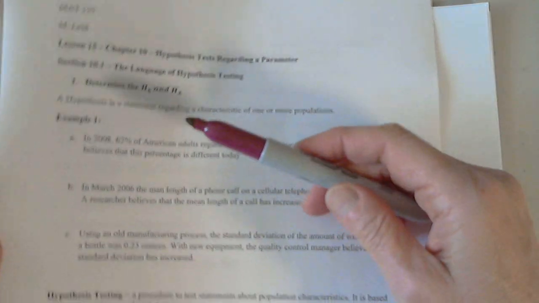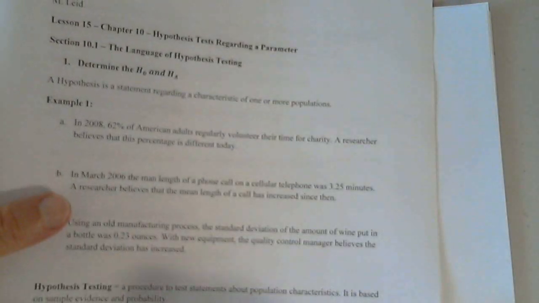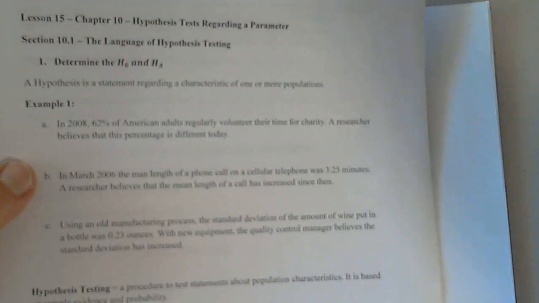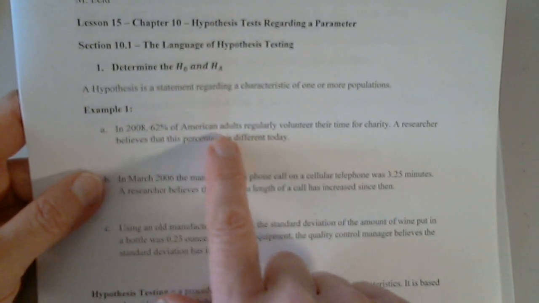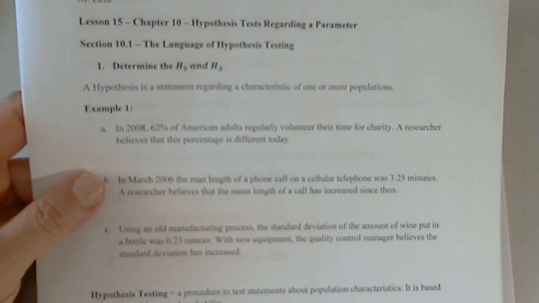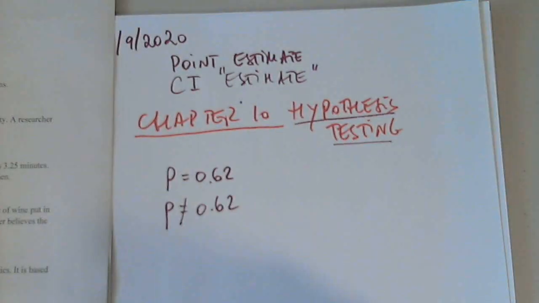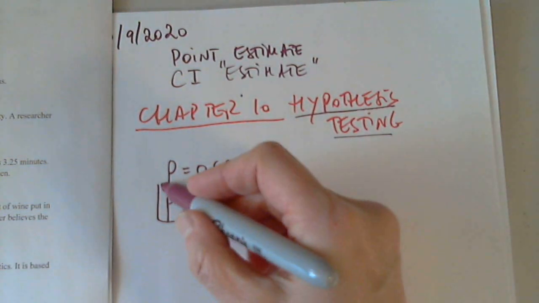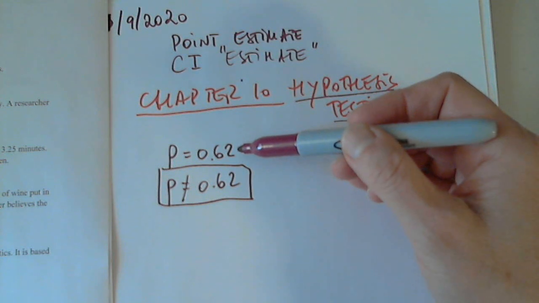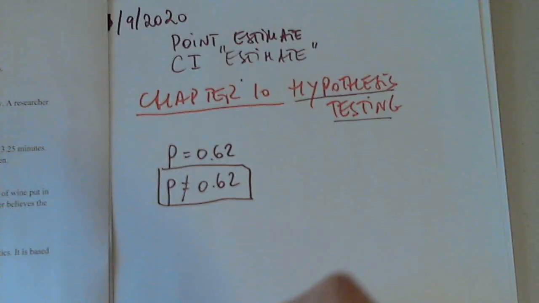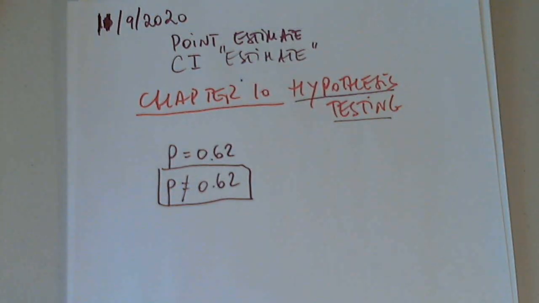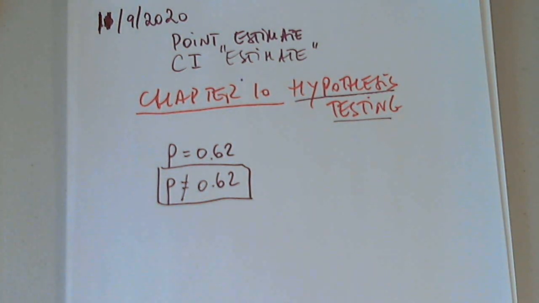The previous result was based on facts, sampling, research, and hypothesis testing: 62% of American adults volunteer their time for charity. So what is the new statement? A researcher says, I no longer believe that this is the case today. I think it's different. That's the statement that we would like to test. This is a claim. We want to test the claim.